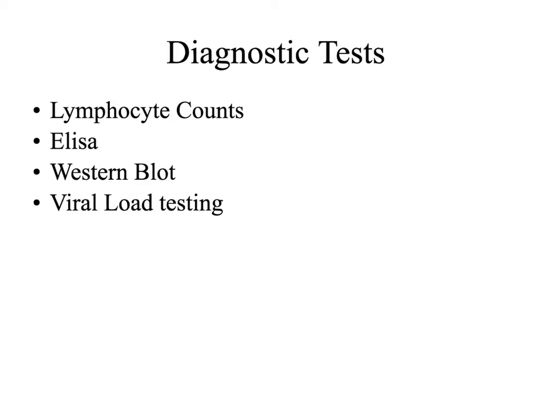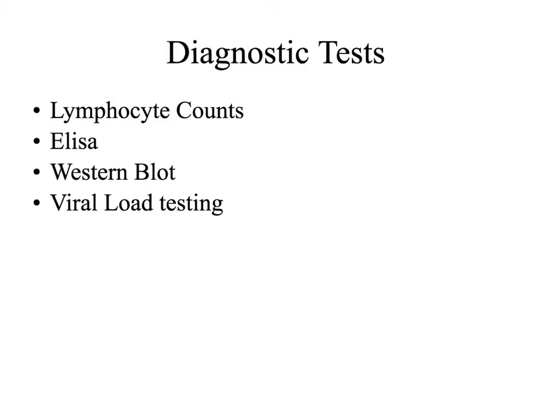The CD4 count also helps determine how much of the virus the patient has present in their body. As they're being treated with antiviral medications, the CD4 count is used to determine how well the medication is working. If the CD4 count is really low, that means the medication is not working well for them.